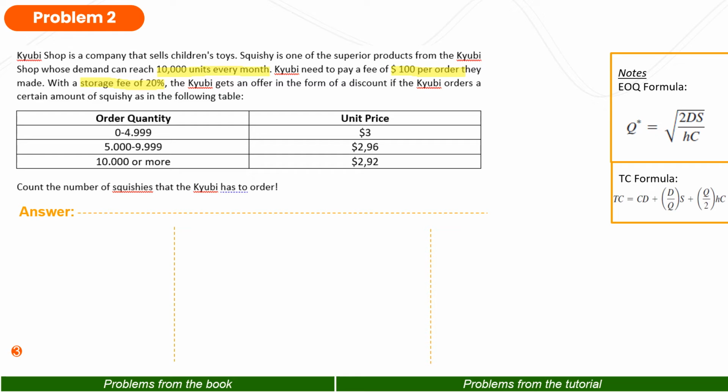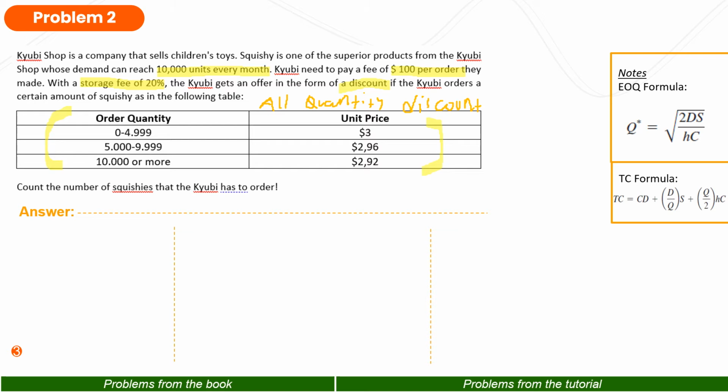And then QB Shop gets an offer in the form of a discount if QB orders a certain amount of squishies as in the following table. So this is the all-quantity discount. So the question is, we need to count the number of squishies that QB has to order.